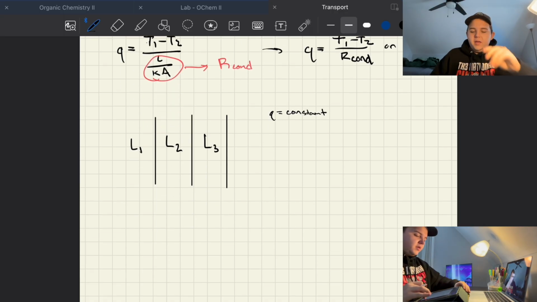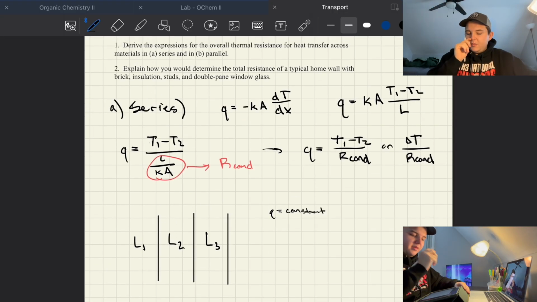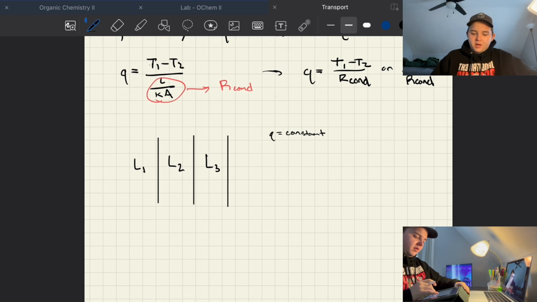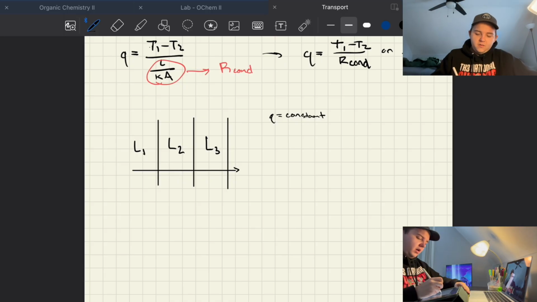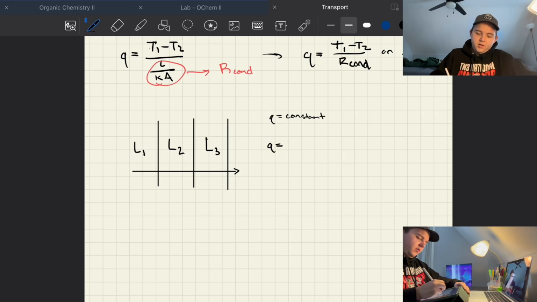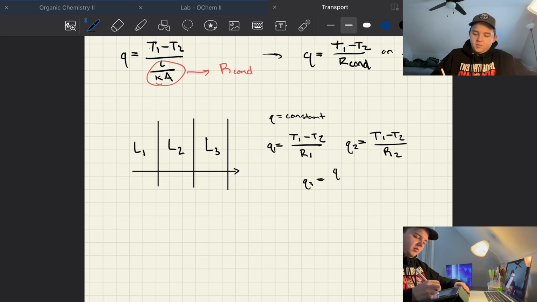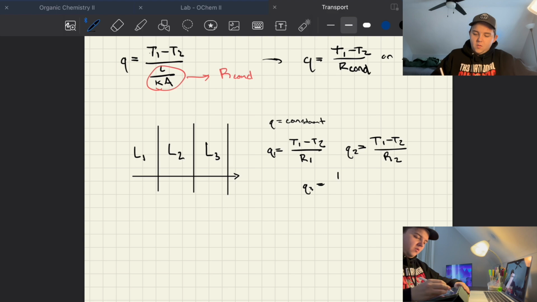Okay, so I set up a little diagram here, just like 3 slabs in series to kind of explain what's going on. So we're going to have L1, L2, L3. So if we start doing our Q's, we can do Q1 is equal to T1 minus T2 over R1. Q2 is going to be the same but with R2, and Q3 is going to be the same with R3.